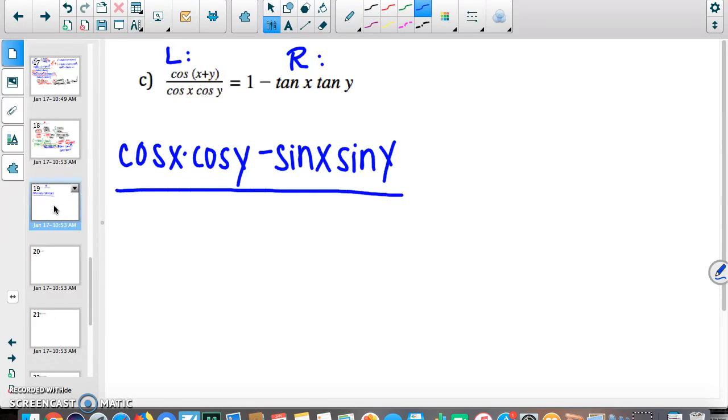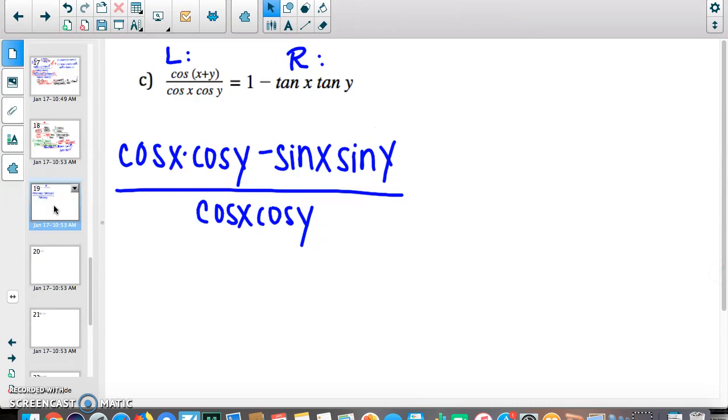Awesome, so there's my numerator. My denominator is this, and it's very tempting to want to cancel this and this, right? But we cannot do that. Let's see if I can undo that because that's incorrect. We can't do that because of this subtraction. We cannot cancel things out unless we just have multiplication.